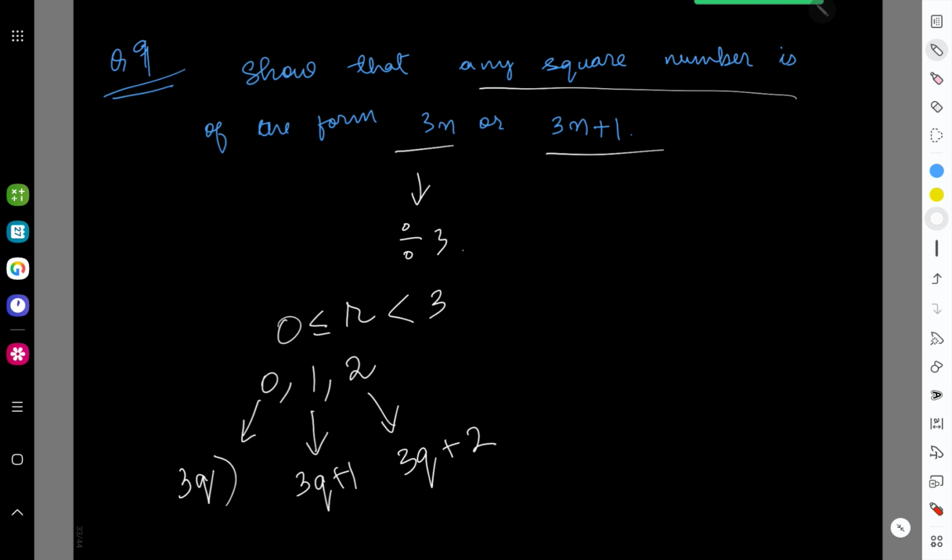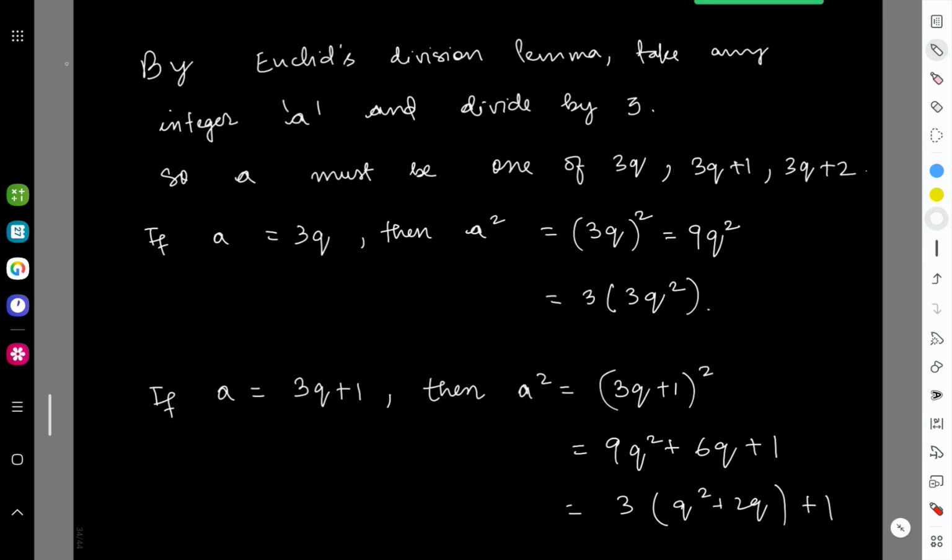And we have to square each of these numbers, and then we will have to see if we can express these 3 numbers either in the form of 3n or in the form of 3n plus 1. Let us look at that in the next slide. So by Euclid's division lemma, take any integer a and divide by 3.